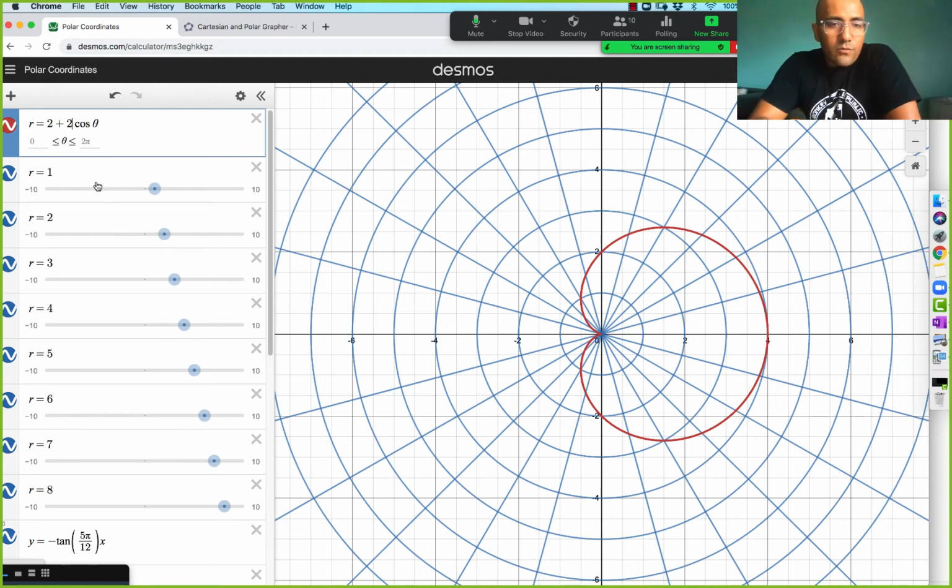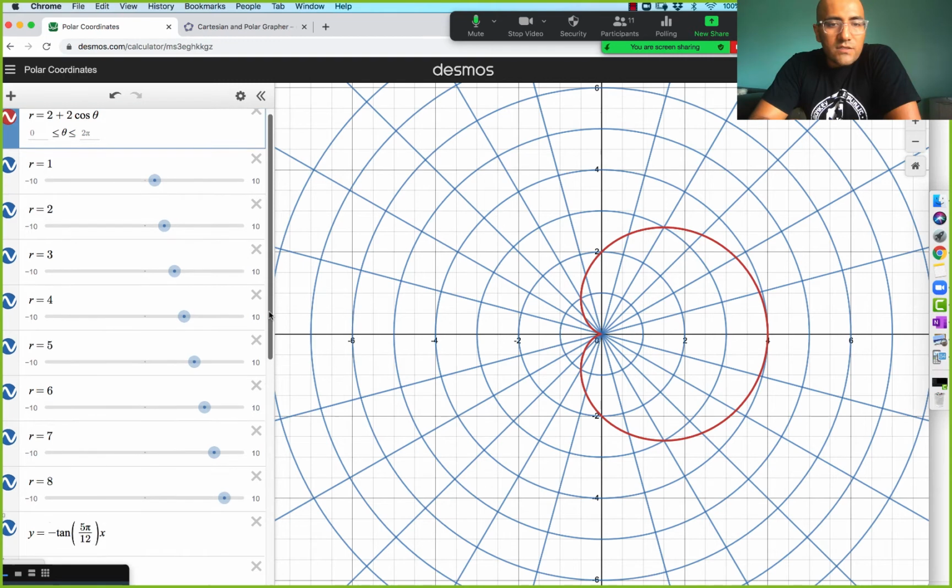If you're wondering what in the world this whole thing is over here, well, it was a way to create the grid. See that grid underneath here? So that's what this thing is doing. If I turn off r equals 1, it turns off that inner circle. And then if I turn off r equals 2, it turns off that second, concentric circle.